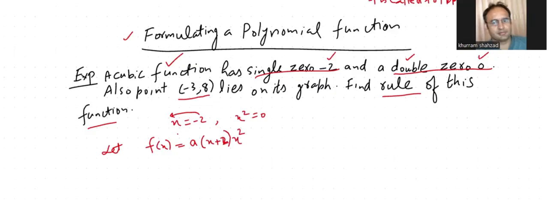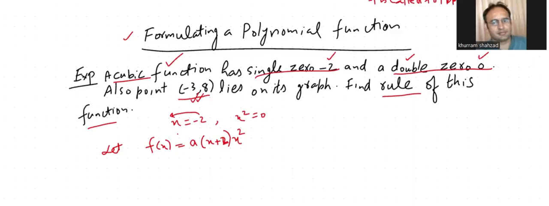It is clearly visible that if we multiply x square inside, this will become x cube plus 2x square. So this polynomial f of x has degree 3, and that's why this is called a cubic function. Now we have to use this point here, 3, 8, because this a is still unknown.